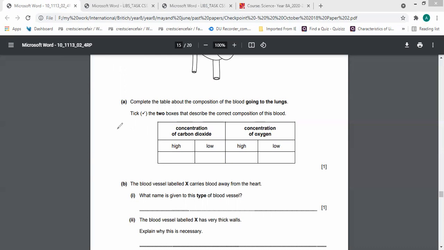Tick the two boxes that describe the correct composition of this blood. Concentration of carbon dioxide: high. Concentration of carbon dioxide inside the blood going to the lung, high. Concentration of oxygen going to the lung, low. You got it? Yeah. Okay.